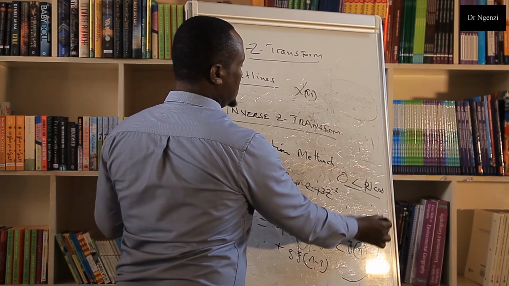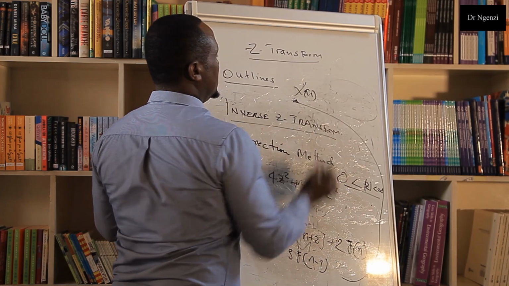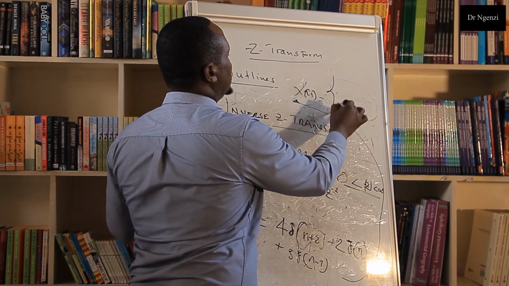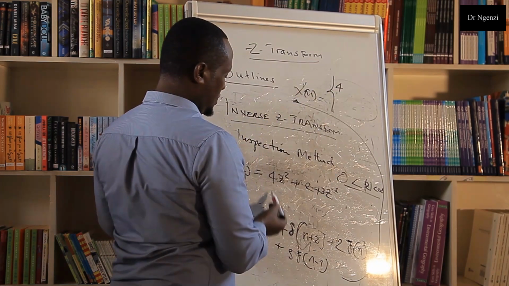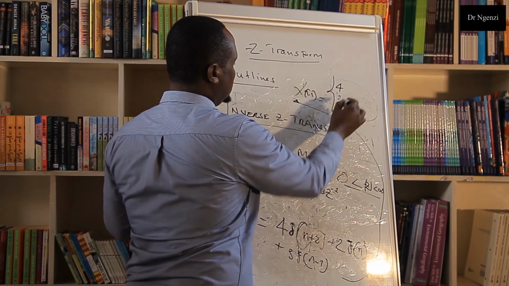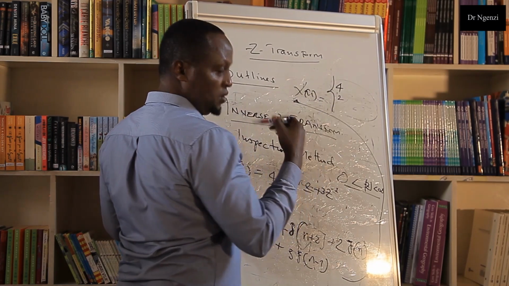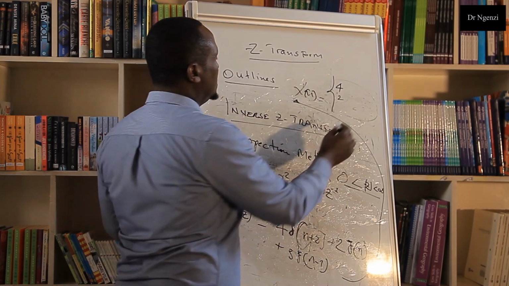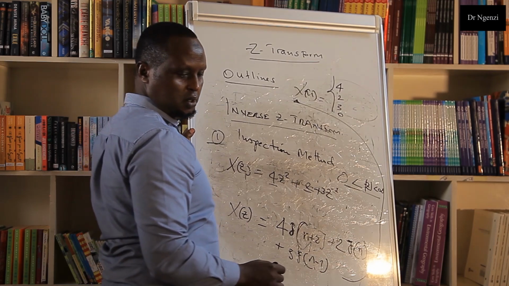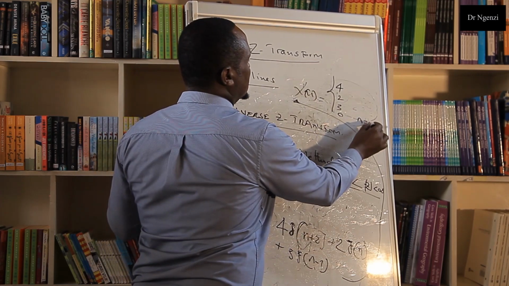The function is represented by 4, then this is a function or coefficient represented by 2, then 3, then 0. It is 0 whenever n is not equal to 1.